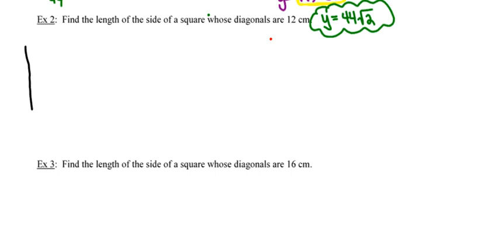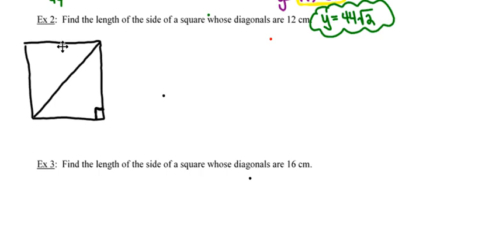I'm going to start out with my square. And I'm only going to draw one diagonal in just to keep the picture a little bit less complicated. I know that if I were to draw the second one in, it would have exactly the same length. But again, I'm trying to keep this picture as simple as possible. Because this is a square, I know that the lengths of all my sides are the same.